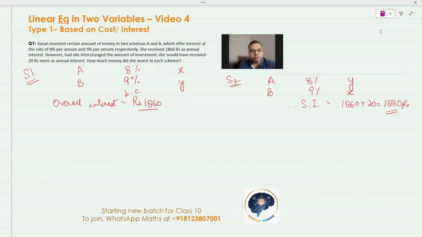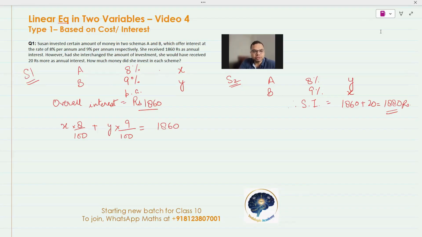So we are going to write the equations based upon this and solve it. For the first scenario, let's write down the equation. We are just going to calculate the interest on these amounts. So interest on this amount will be x into 8 upon 100 plus y into 9 upon 100 equals 1860.